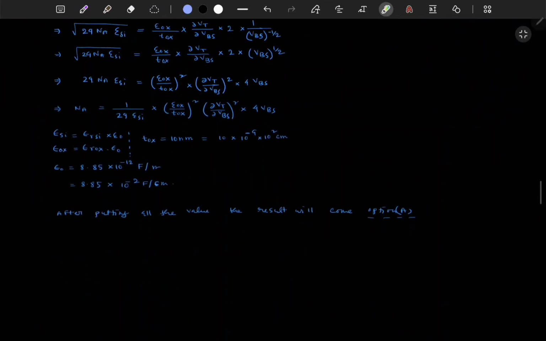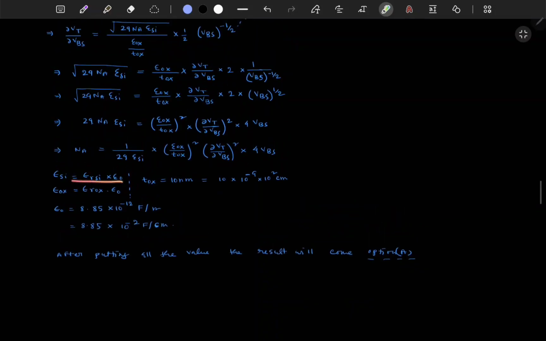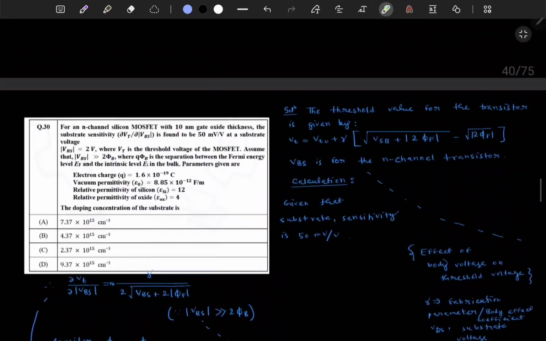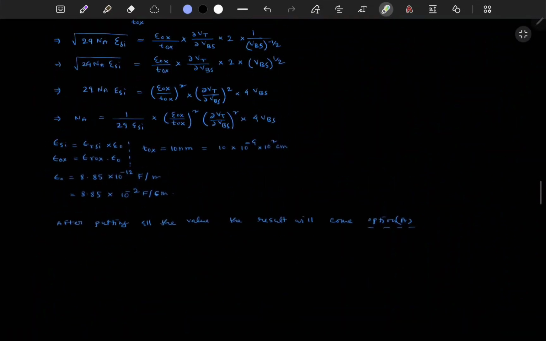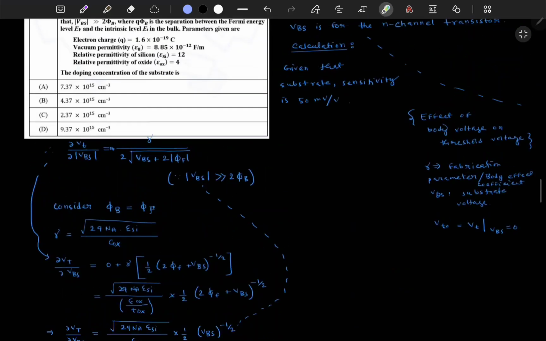Epsilon_si value similarly we can put from the question, and t_ox is also given in nanometer, but we can convert into centimeter. Also epsilon_0 is given in this, we can convert into per centimeter. Then we can calculate our answer, because in the answer all the things are given in centimeter. Doping concentration units are very crucial, so we need to take care. So option A will be the right answer, you can calculate it.